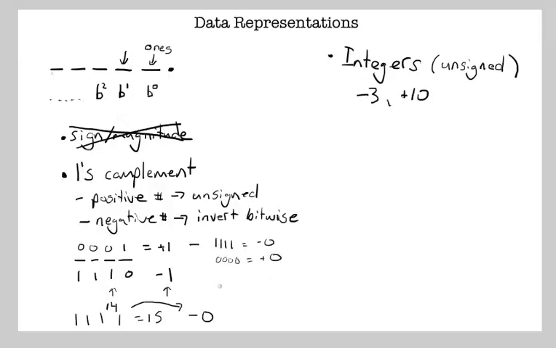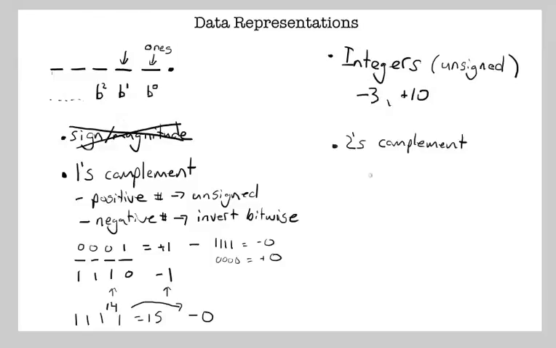So there are two representations of 0 in the ones complement system. That's not ideal, and it is the major shortcoming of ones complement and why twos complement arithmetic was invented. This is the system that's most widely used today.